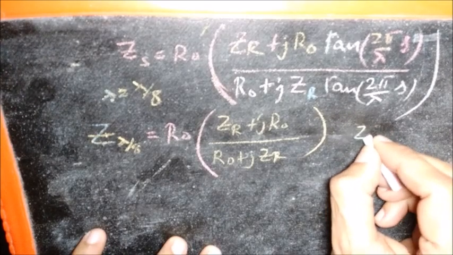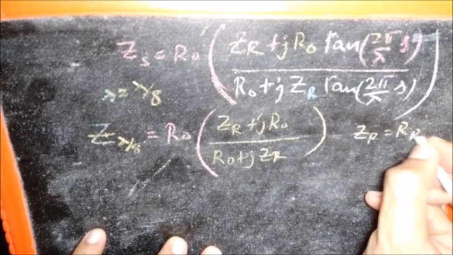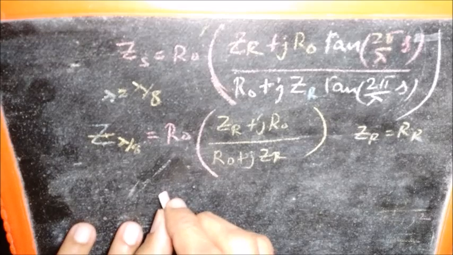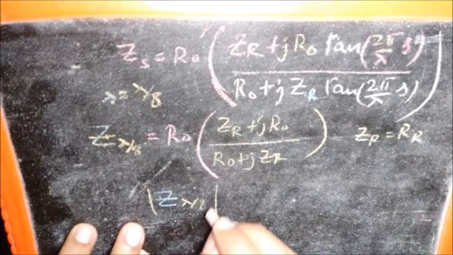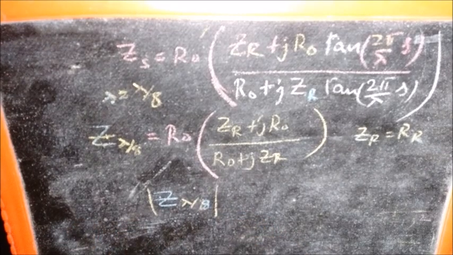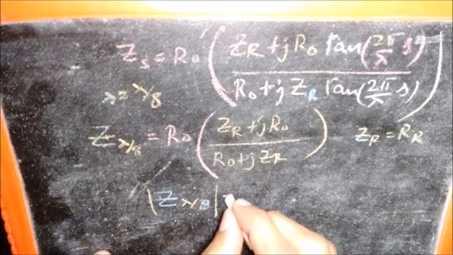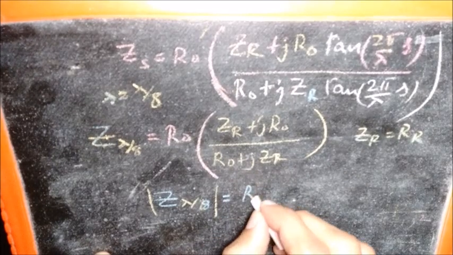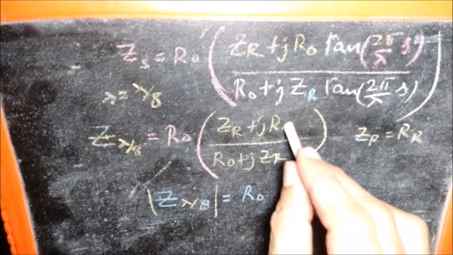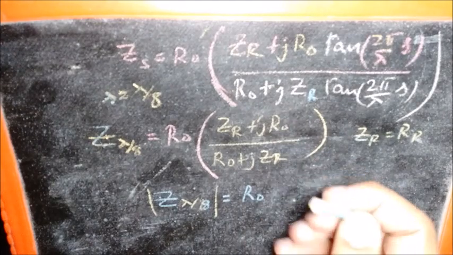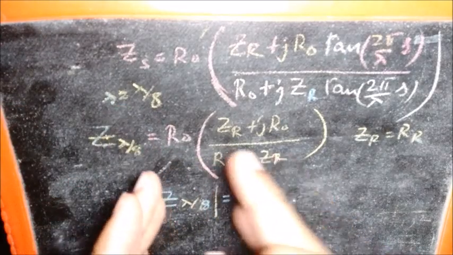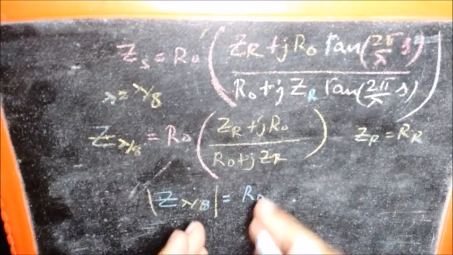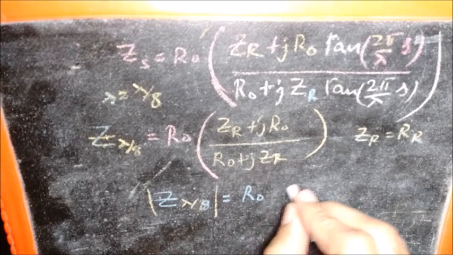Now, if ZR is purely resistive, we can see that the magnitude of the input impedance of a transmission line whose length is 1/8 the wavelength is equal to R0. Because if you see, the magnitude of these two are the same, it's only the phase that changes. So when you take the magnitude, the magnitude is equal to R0.